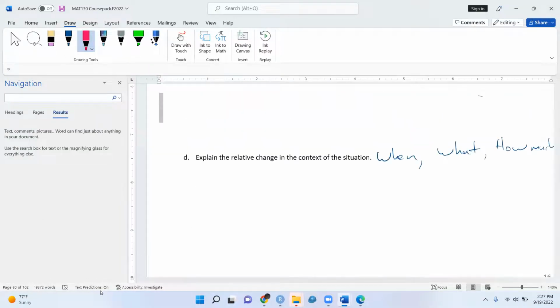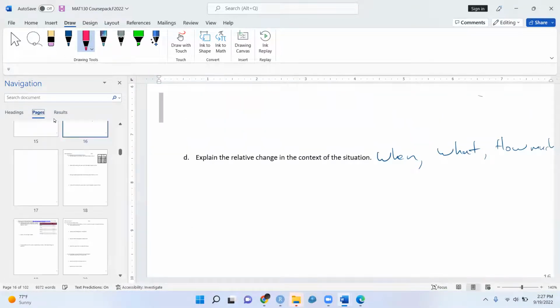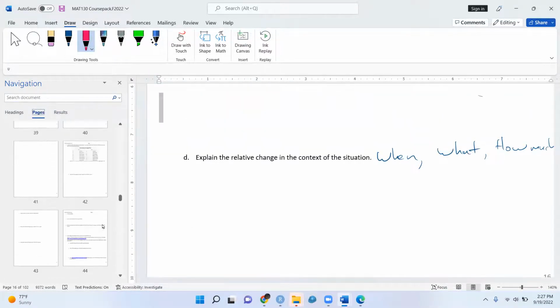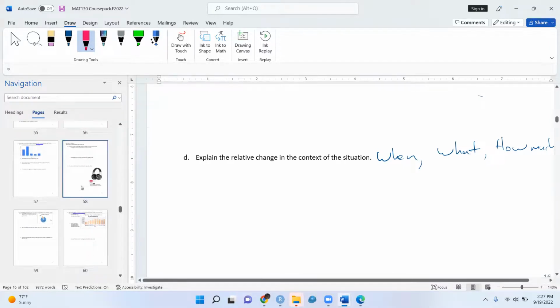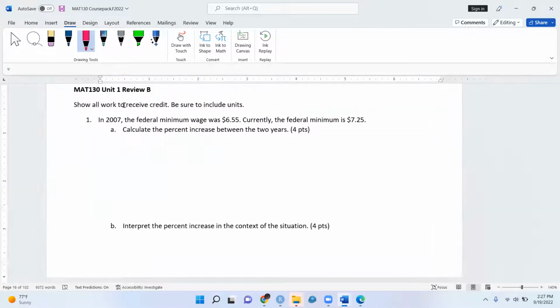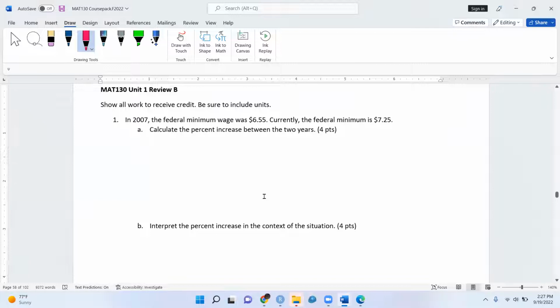Where's the jump to button? Page 58. Here we go. Yep, here it is. This is a graded assignment that you will submit. We might take some time to do Unit 1 Review A together, and if we don't, it's done.